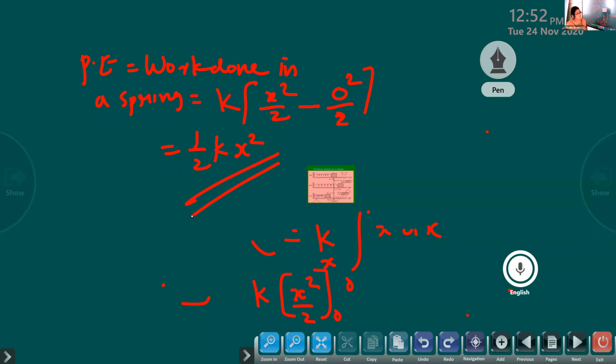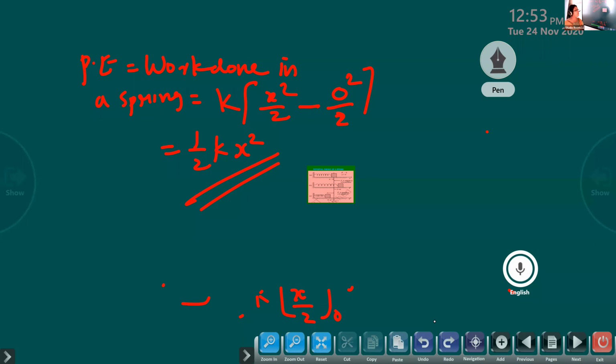In a stretched condition at rest, whatever work is done will be stored in the spring as potential energy. Thus, we can say that the spring force is a conservative force, because it depends only on the initial position and final position.